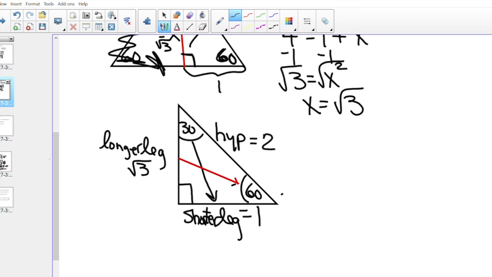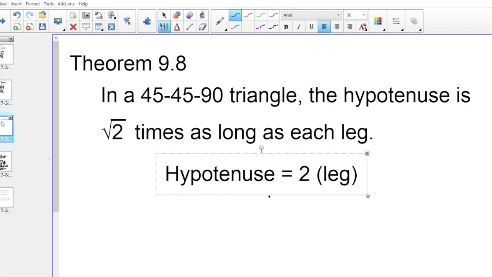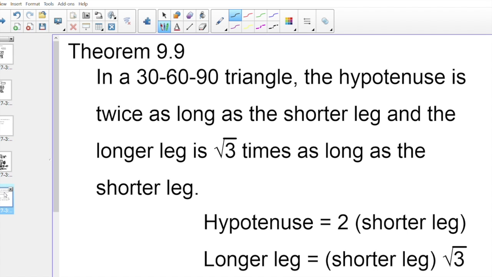And so that leads us to theorem 9, which reads: in a 30, 60, 90-degree triangle, the hypotenuse is twice as long as the shorter leg. That's the first portion.